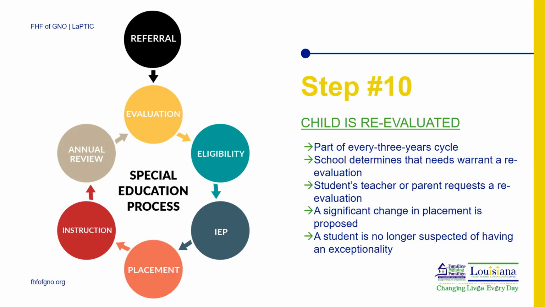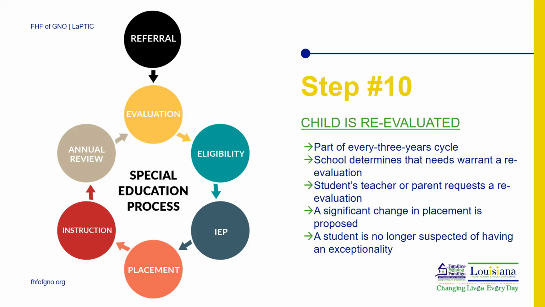A reevaluation is done when the student's teacher or parent requests one, or when a significant change in placement is proposed, which means moving the student to a more restrictive environment where they'll be spending less time in the general education classroom. And then when a student is suspected of no longer having an exceptionality or disability, and this happens a lot of times to students who have the single exceptionality of speech language impairment.